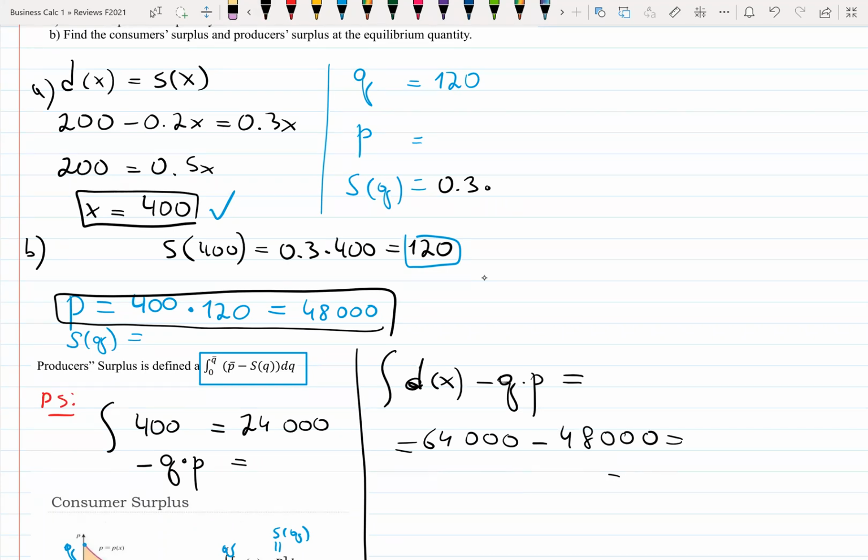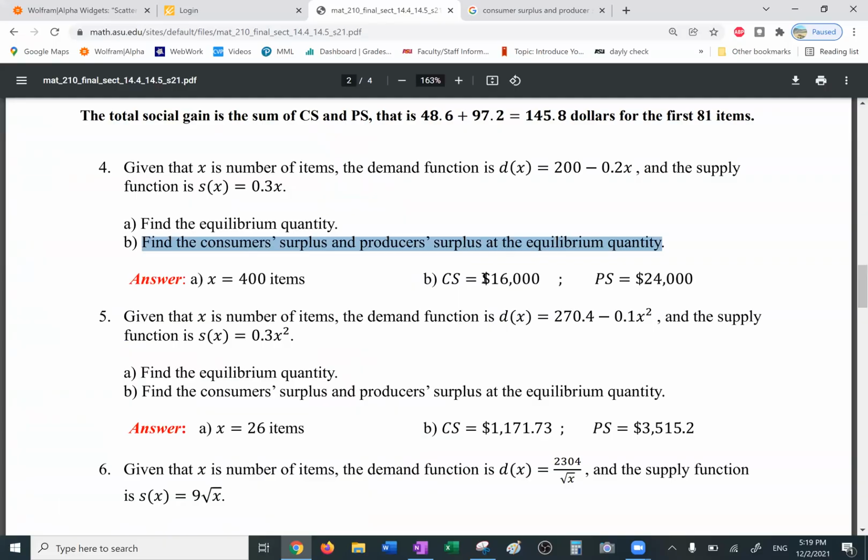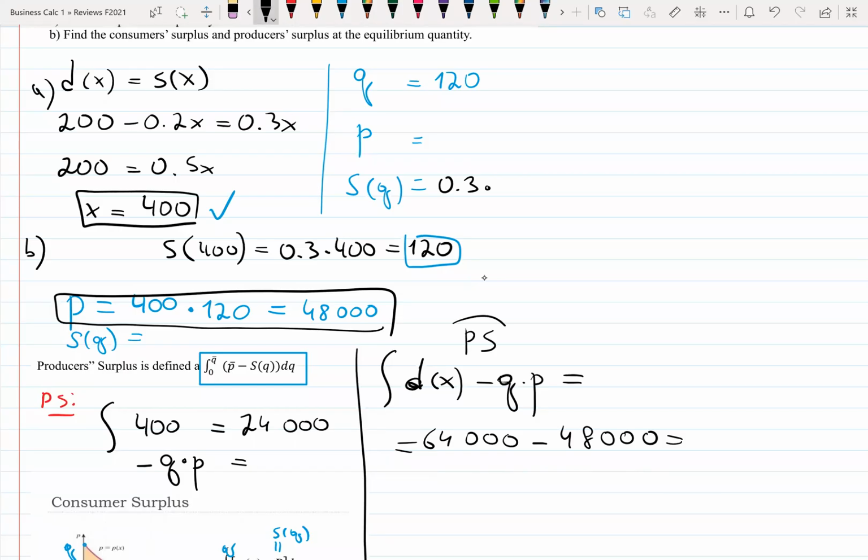Equals. That is my CS, consumer surplus. And then PS is 24,000. How did you get 24,000? It was QP minus the integral of S.